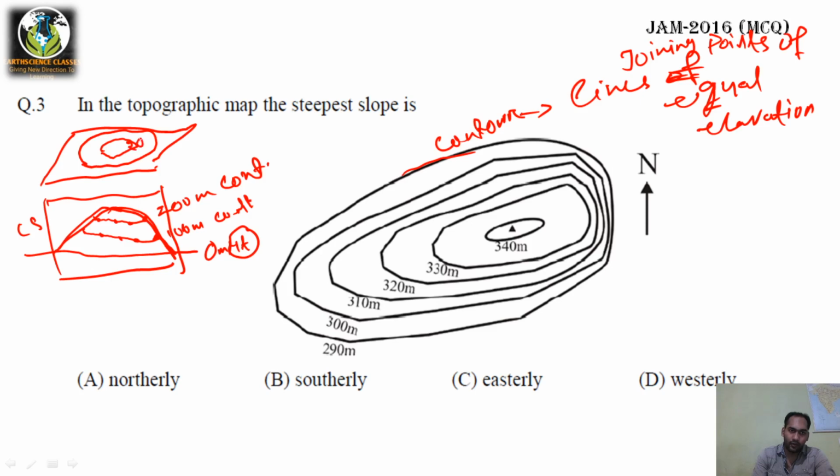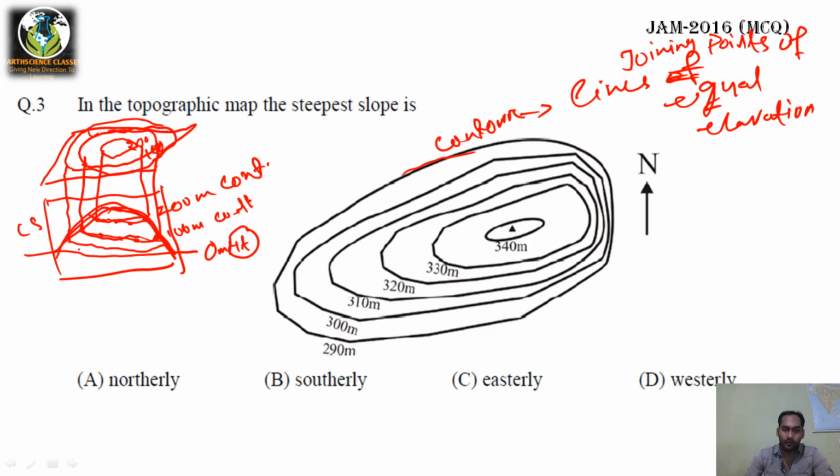The profile you cannot see in the map, but you can get these contour lines. This is the 200 meter contour line and these are the 100 meter contour lines. Suppose I draw 50 meter contours here, then they will be projected here like this.